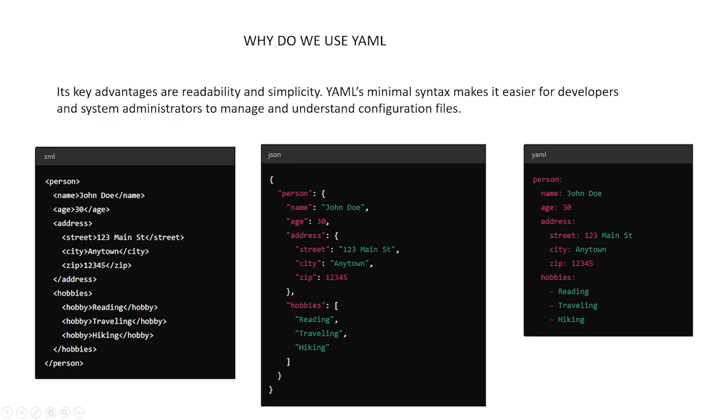files. So as you can see in the blue screenshots, I have compared YAML with XML and JSON. So you can see that XML has those tags. Okay, JSON also has the curly braces and brackets, right? But in YAML, we don't have any of them.